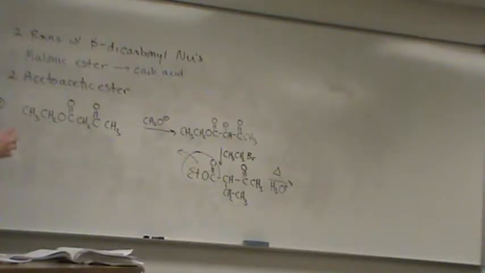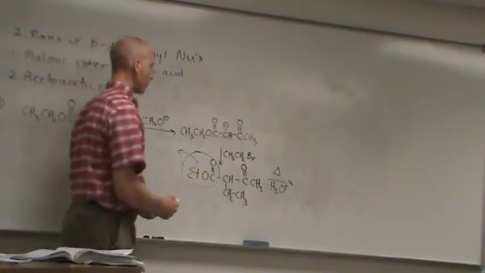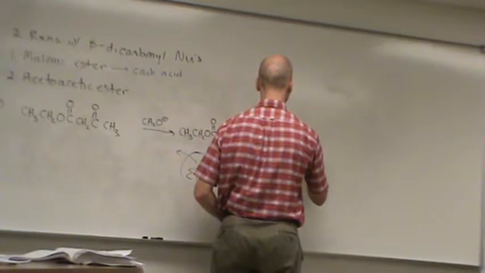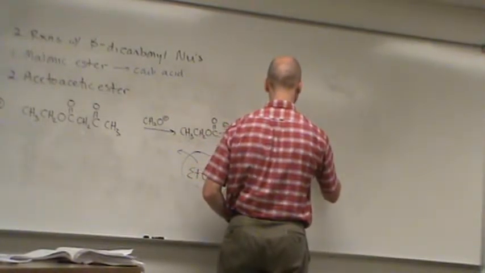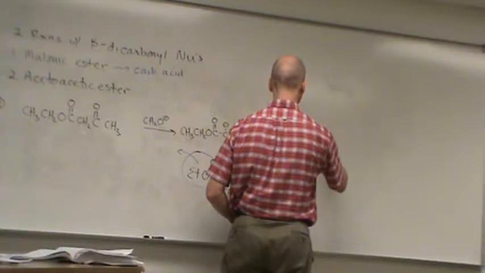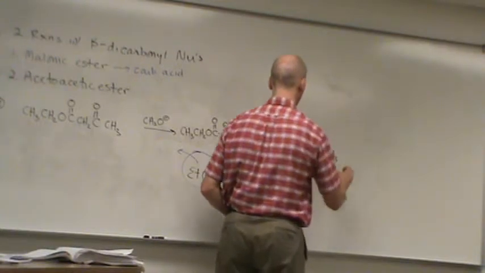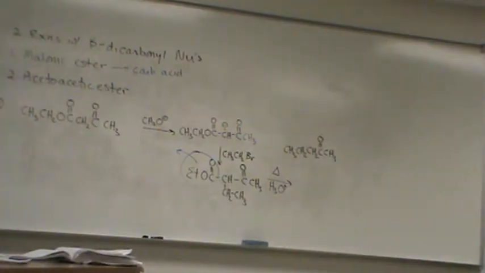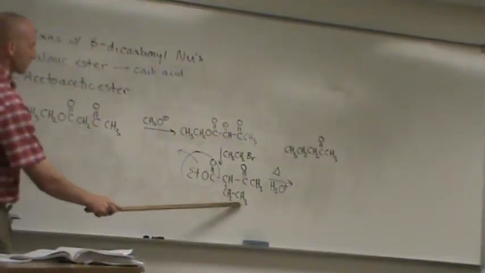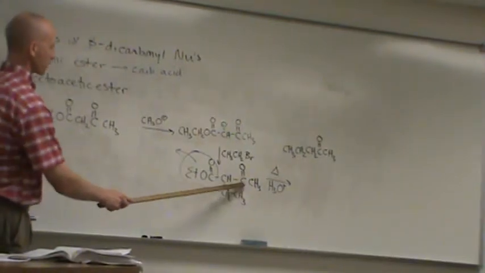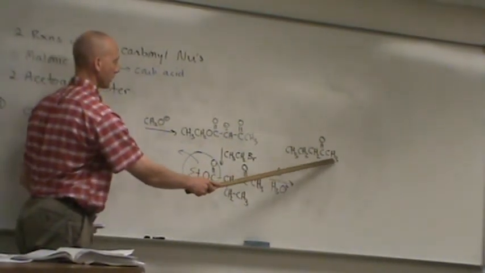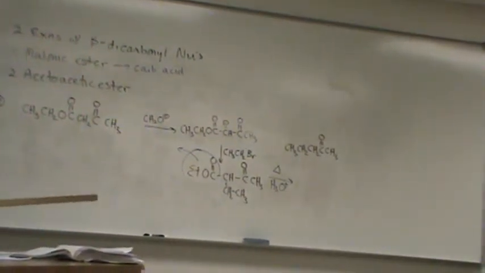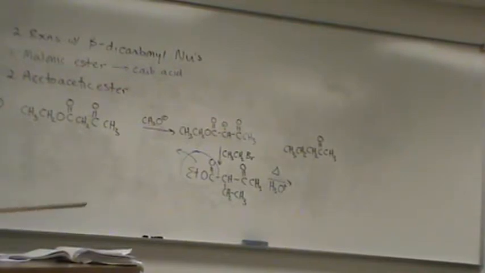So we're going to kick it off and just leave what's left behind. And what's left behind is that there. So you have these 3 carbons attached to the carbonyl, and then that CH3 on the other side. So here we end up with a ketone.